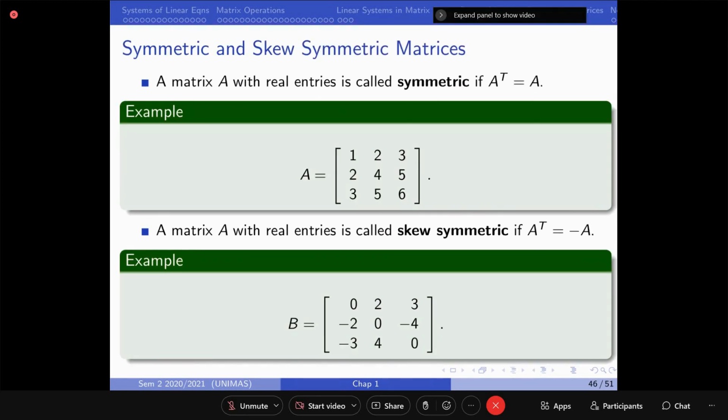And then symmetric and skew symmetric matrices.